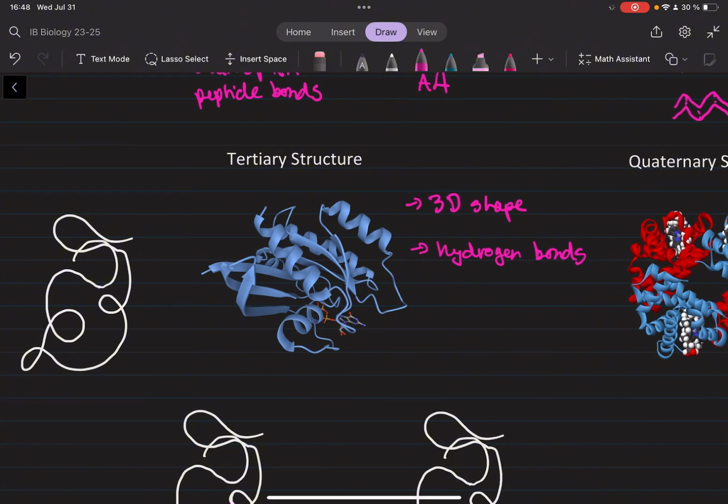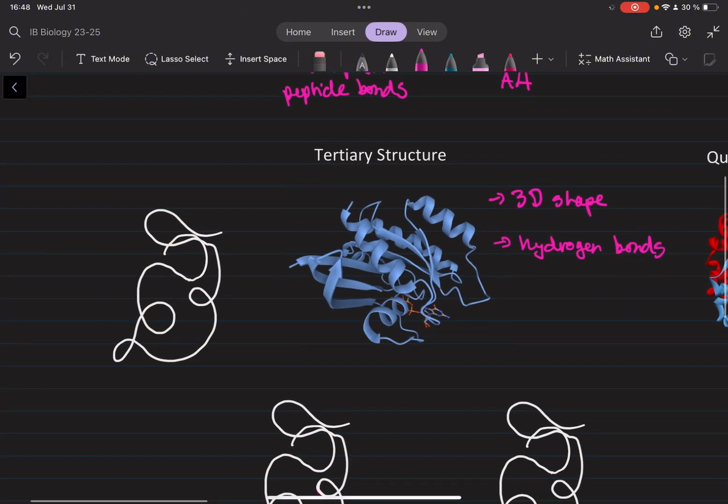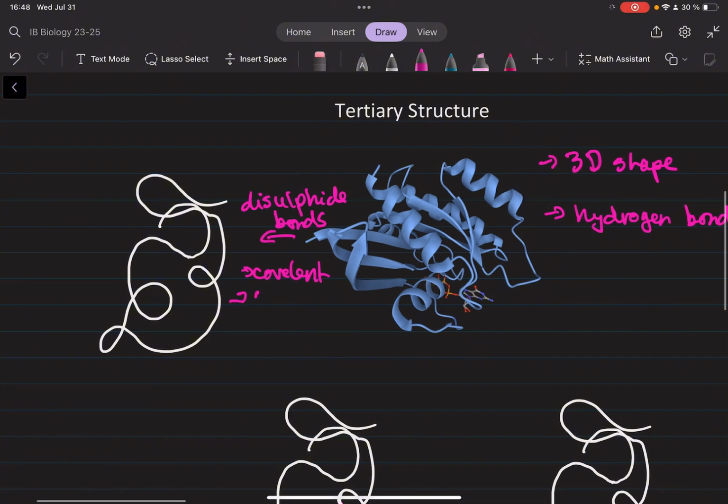Other reasons for differences in structure are things called disulfide bonds. This is a covalent bond, and it's between two cysteine amino acids.